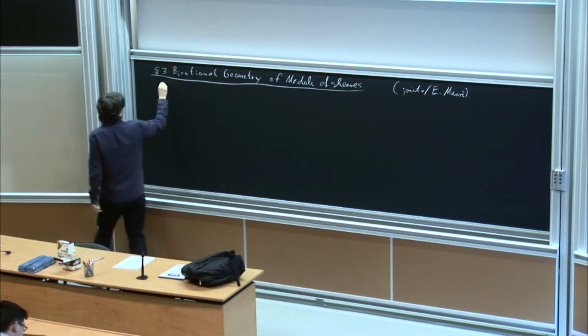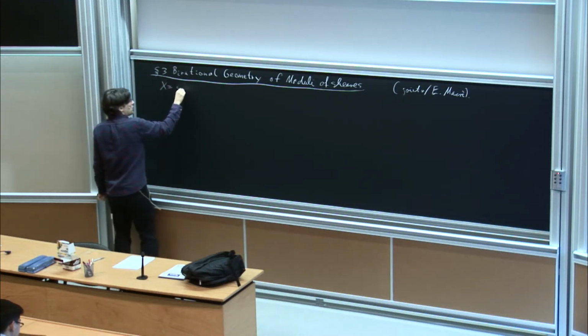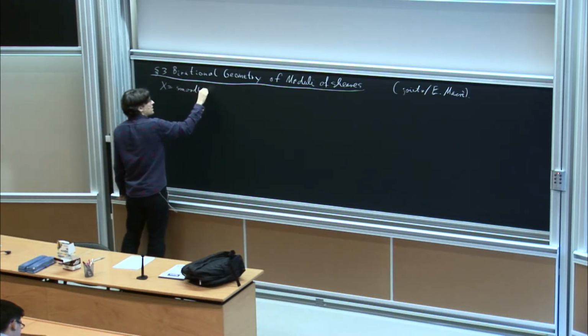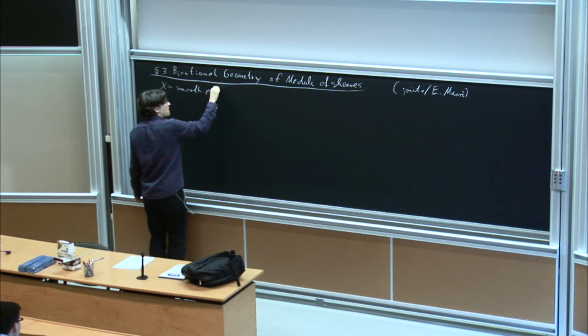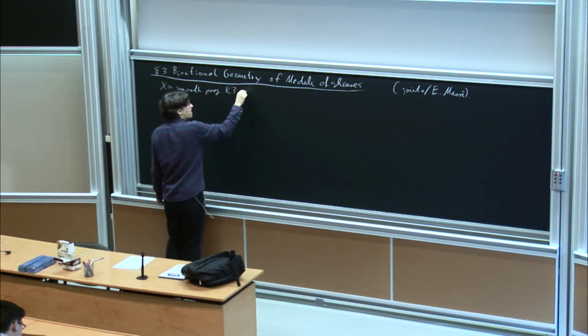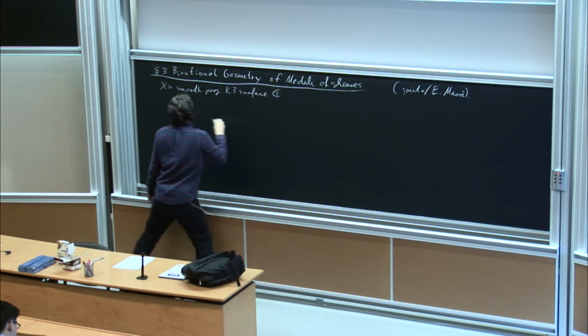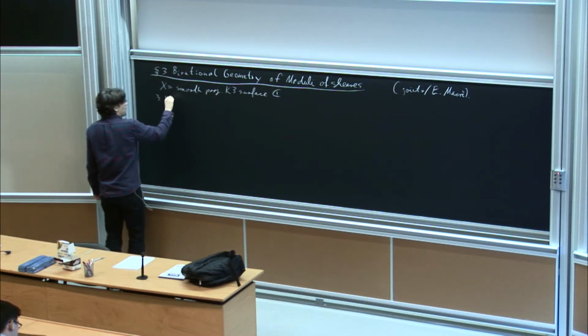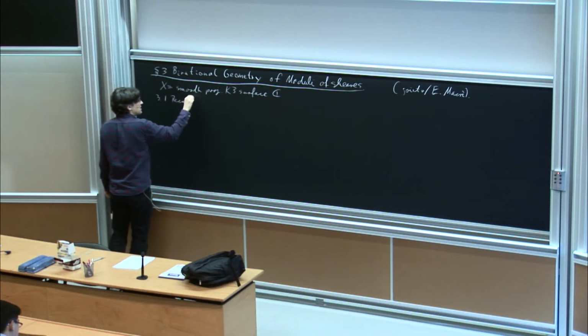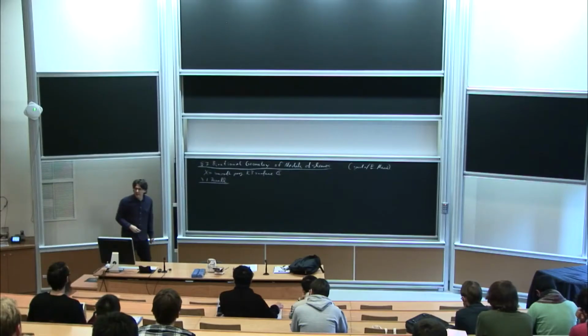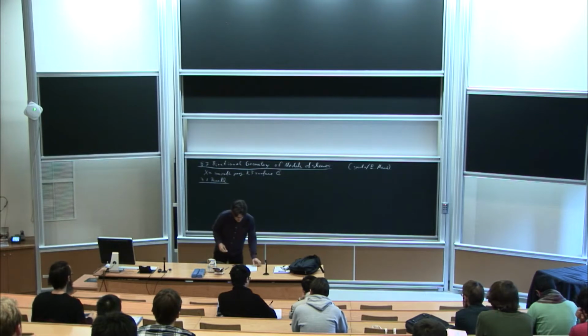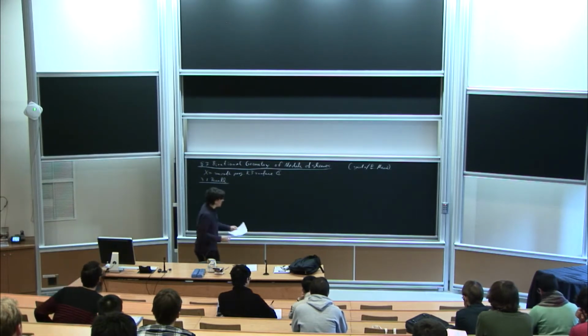The setting today will always be that X is a smooth projective K3 surface over C. Let me first make the connection to yesterday. Yesterday I looked at this moduli space that was the compactification of the relative Picard variety.